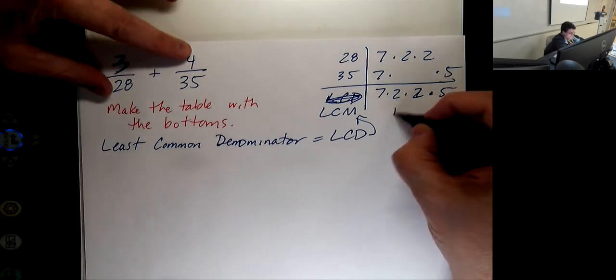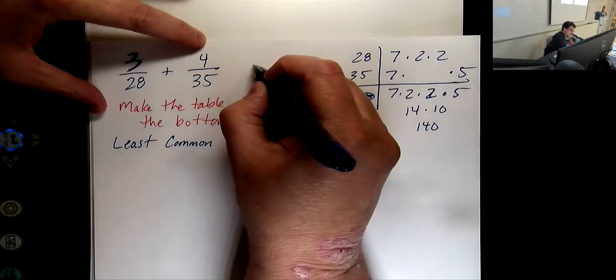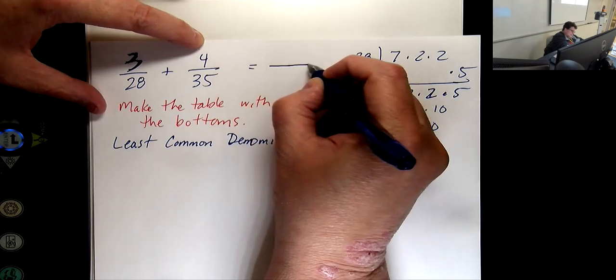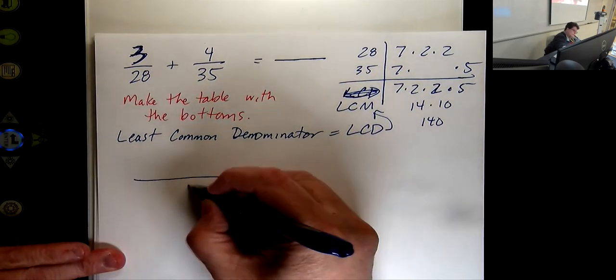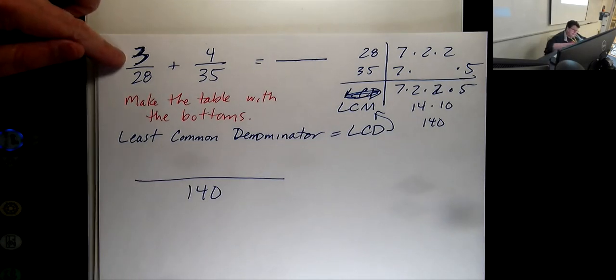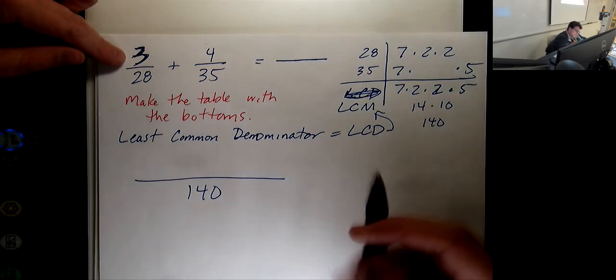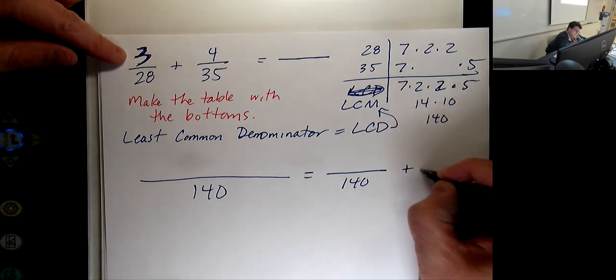We got 14 times 10, which was 140. So I know my bottom is going to be 140. What I want to do is write these fractions as equivalent fractions that have 140 on the bottom, so that I can add them up.